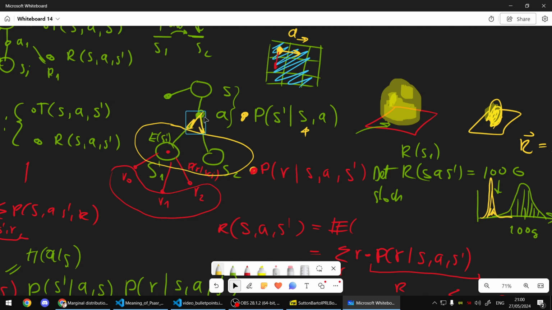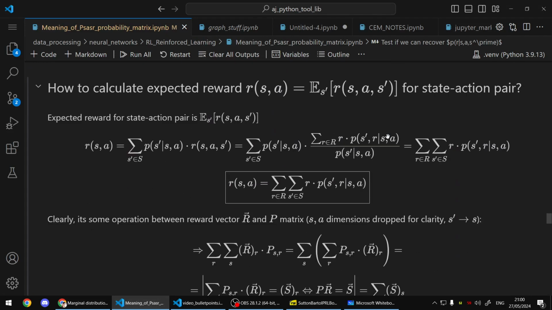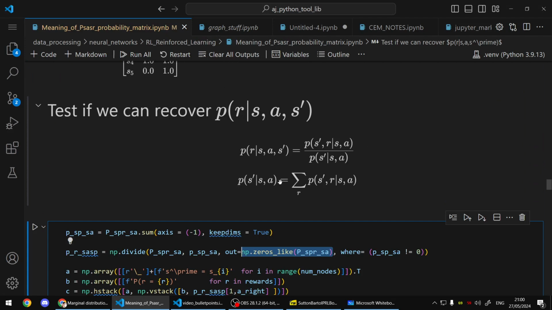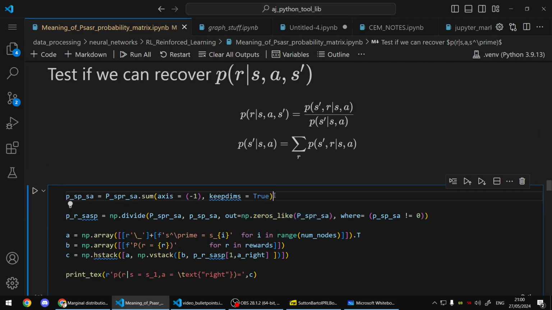And you calculate it via this probability, which is also available for us, because we have calculated it previously.